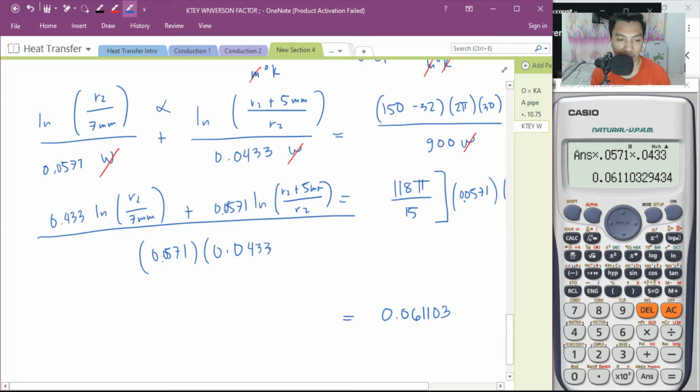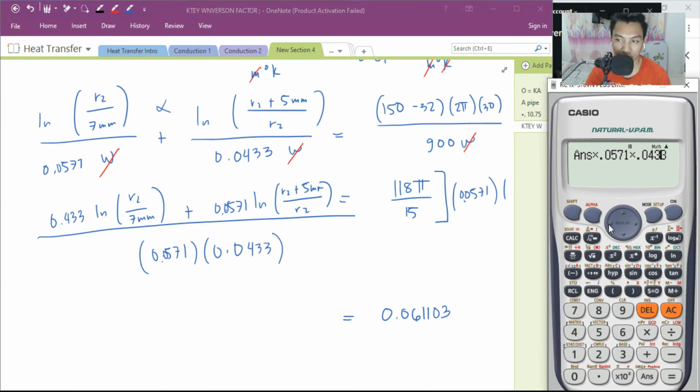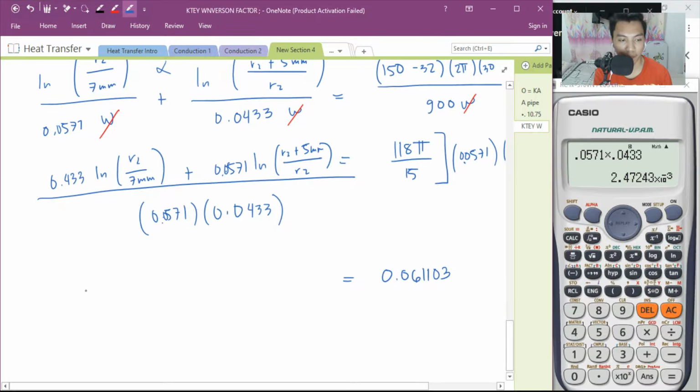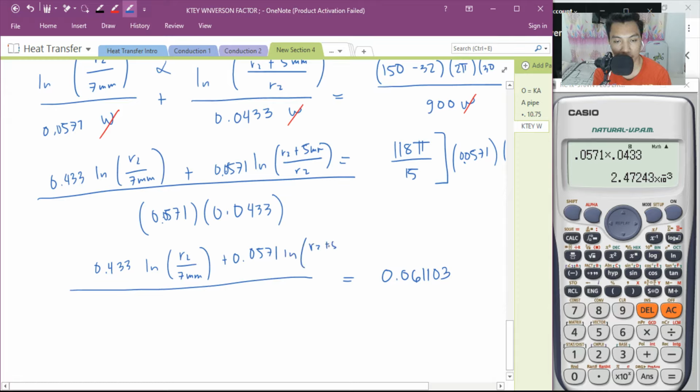0.061103. Pwede na to. Tapos yung dalawa, ayun na yan, nasa baba. Okay? 0.433 ln nung R2 over 7 mm plus 0.0571 ln nung R2 plus 5 mm over R2, 0.00247.